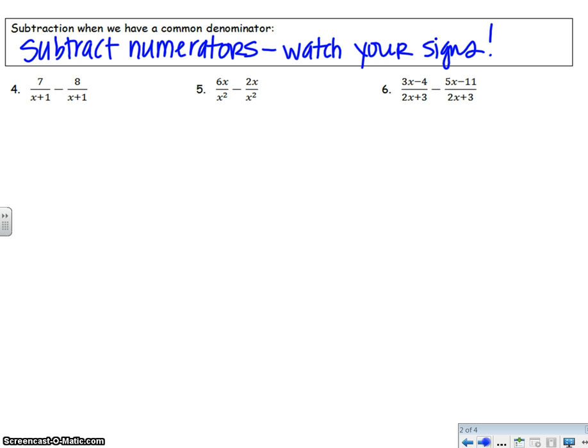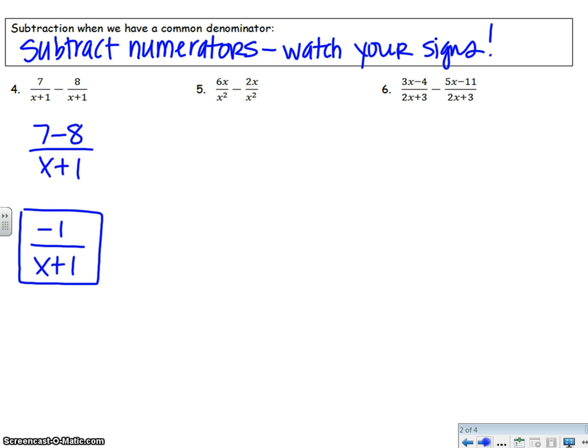Okay, so we have 7 over x plus 1 minus 8 over x plus 1. We'll combine our numerators, 7 minus 8. We'll get negative 1. And remember, our denominator doesn't change, so negative 1 over x plus 1. That's all there is to that one.